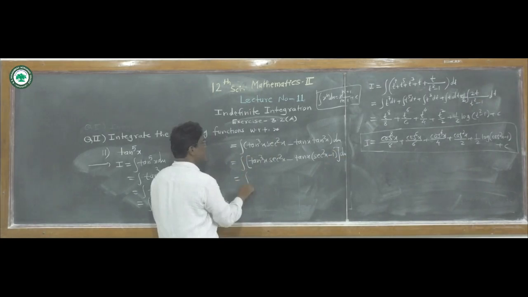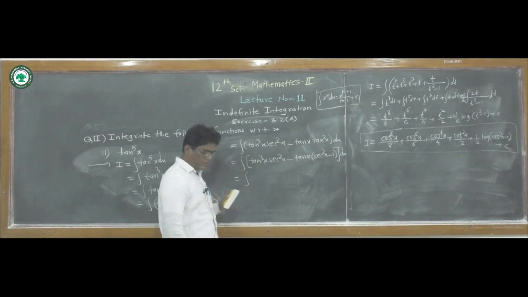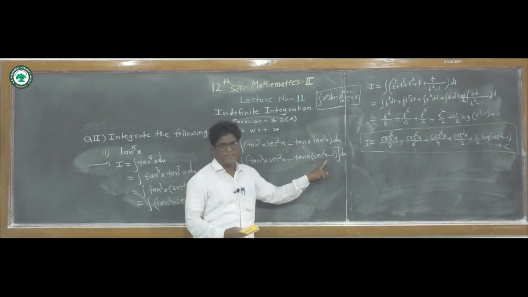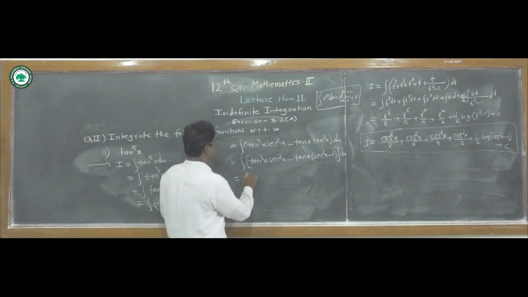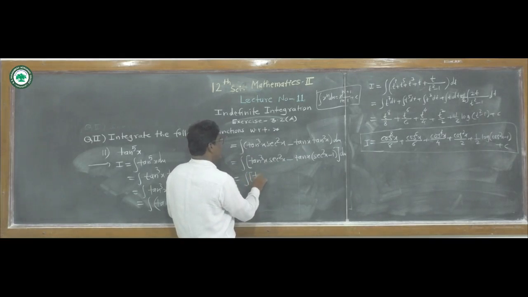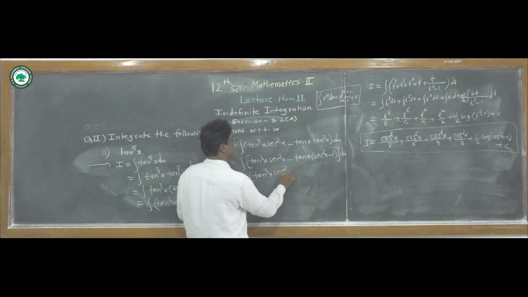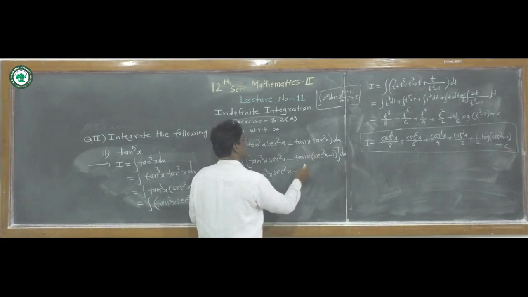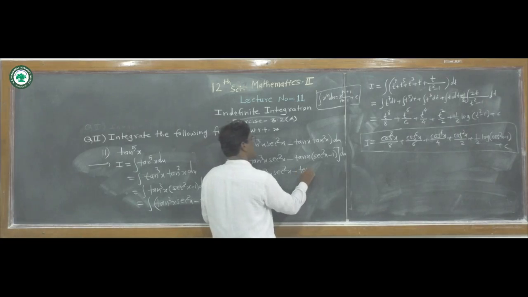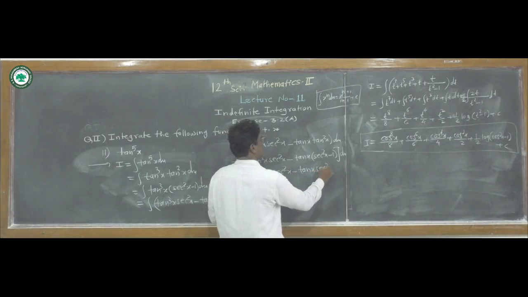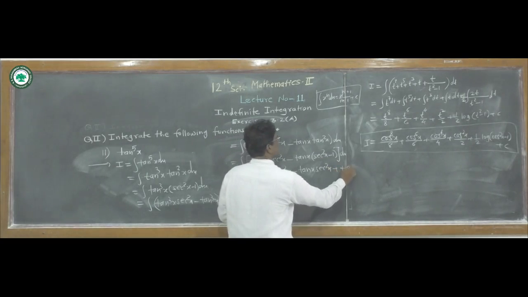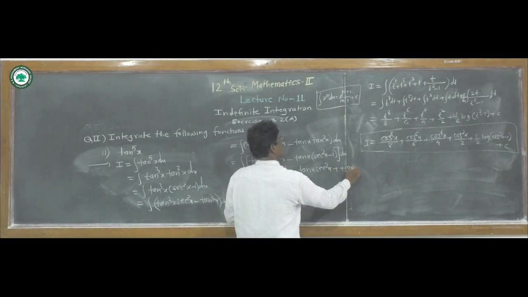And so this is equal to integration of, now here multiply by tan x inside the bracket, and therefore we get tan cube x sec square x minus tan x into sec square x, and this minus and minus become plus tan x dx.